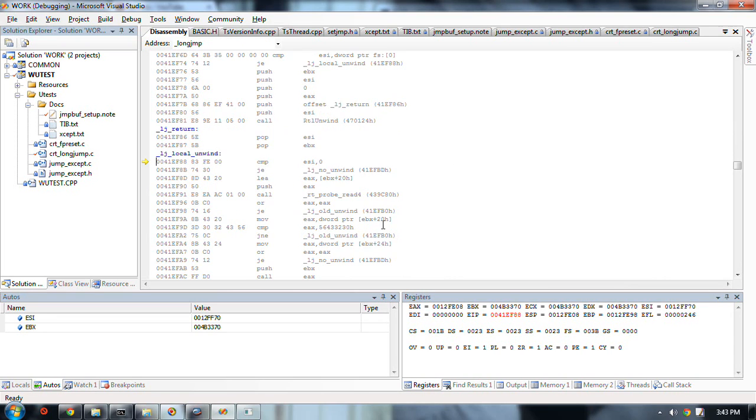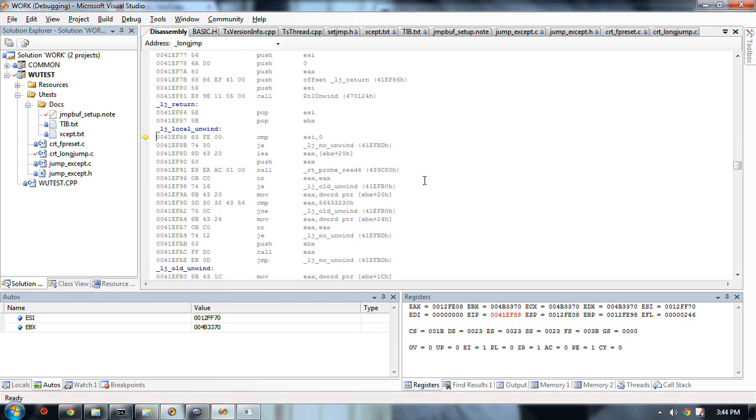Okay, so here we are at local unwind. Now, is SI, remember SI was pretty much star FS, basically, right? FS colon 0. If that's 0, I don't know how it would ever be 0, but it's possible, I suppose, then go to no unwind.